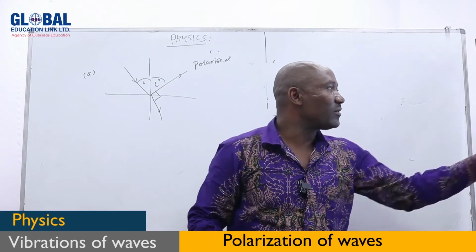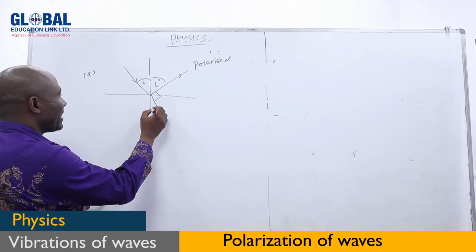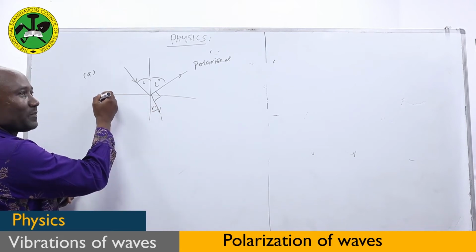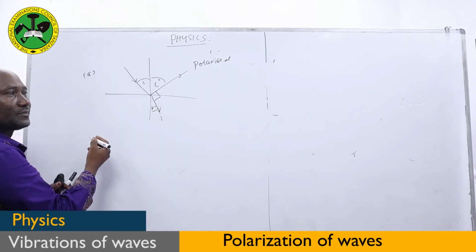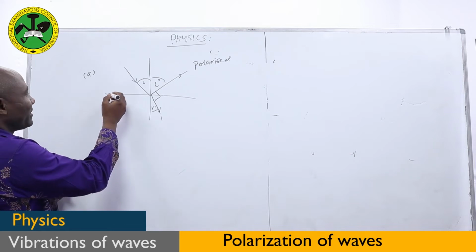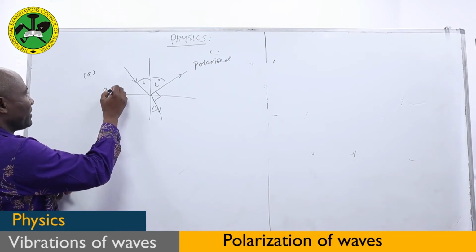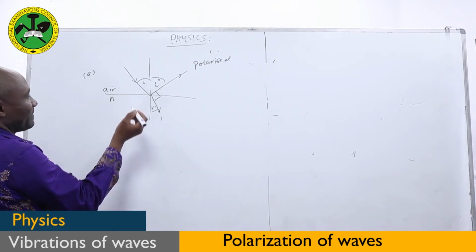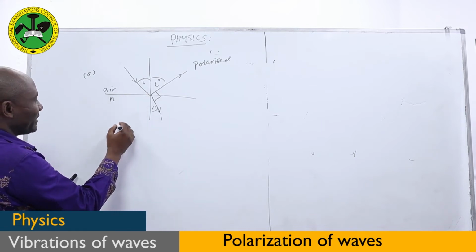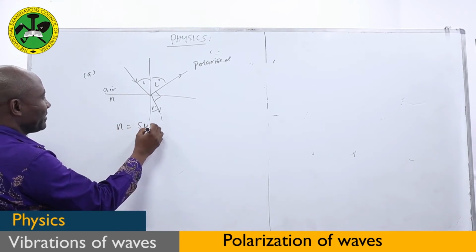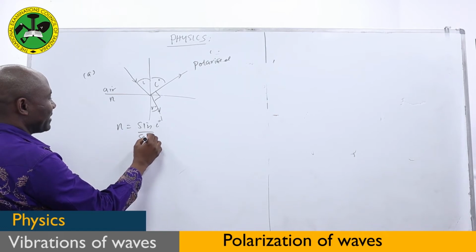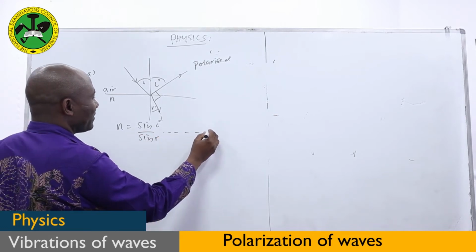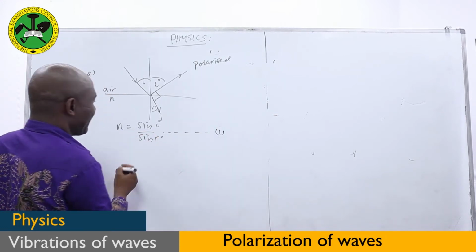The refraction angle here is R. So if this is from air, going to the second medium, which is N, from here you have refractive index equals sine I over sine R. That is from the law of refraction.